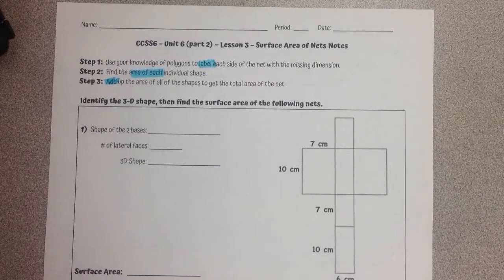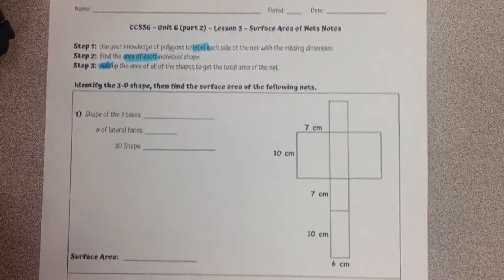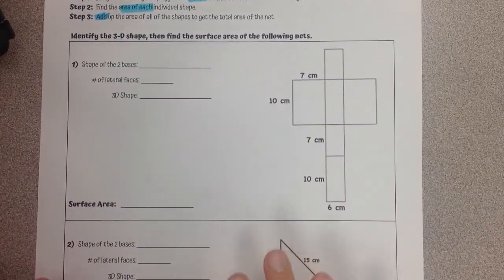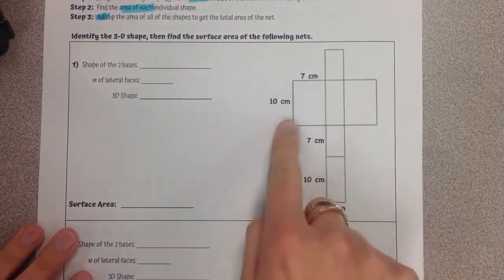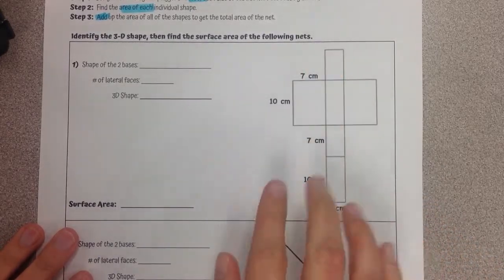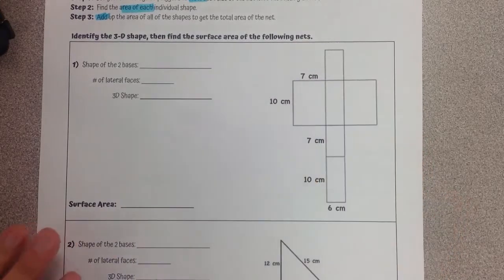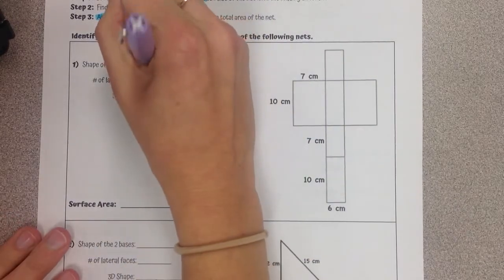First off, we want to think about what shape it is, some practice with that. If we look at this shape, our two bases are the two on the right and left side, or top and bottom. In this case, we've got the two on the right and the left side. The shape of those are rectangles.